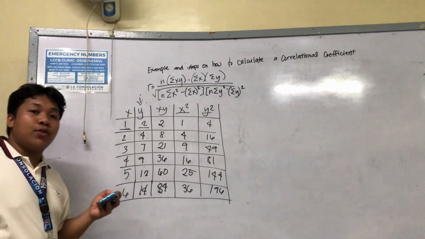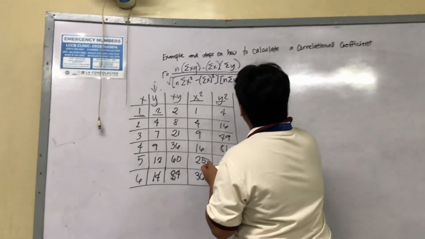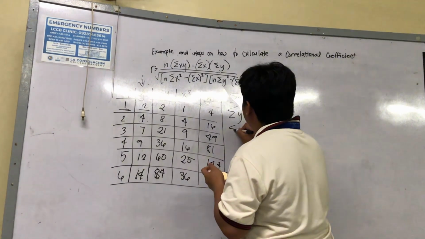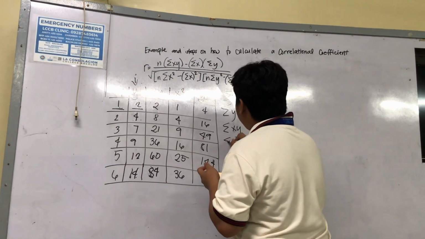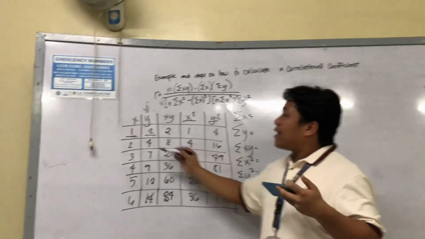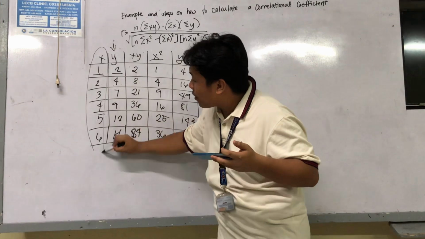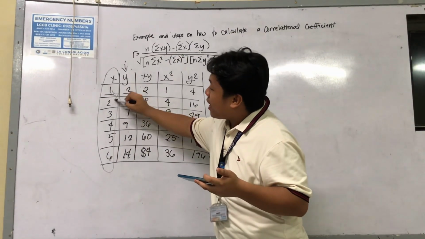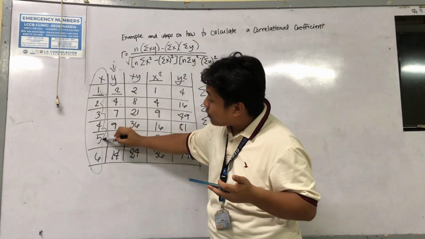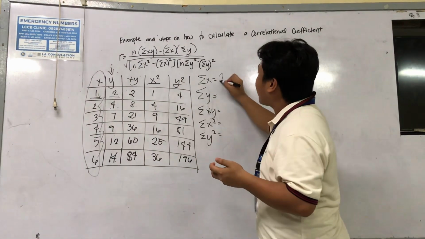We need to sum all of them, so we need to get the sigma x. Sum the values of x here. 1 plus 2 equals 3, 3 plus 3 is equal to 6, 6 plus 4 is equal to 10, 10 plus 5 equals 15, and 15 plus 6 is equal to 21, so your sigma x is 21.